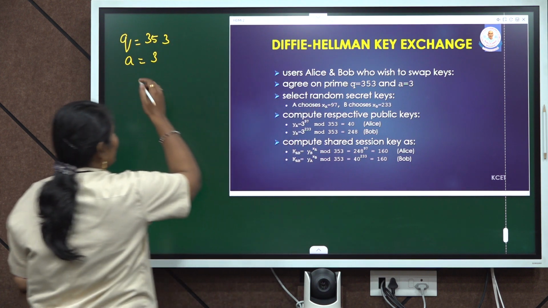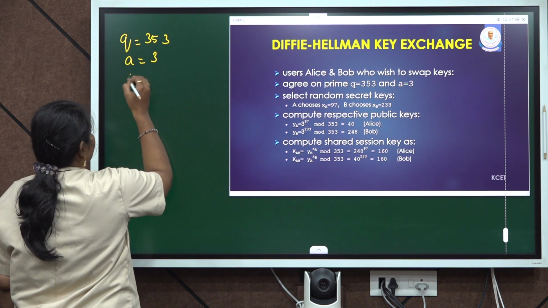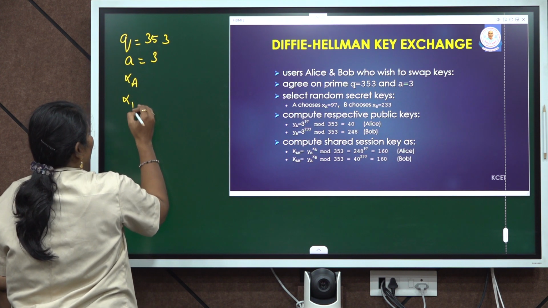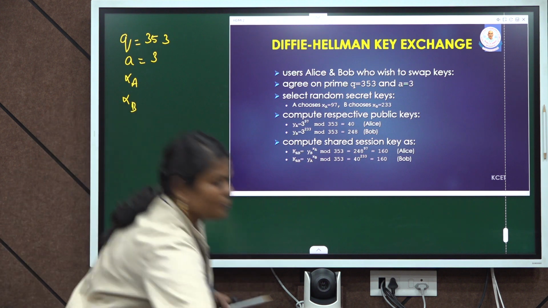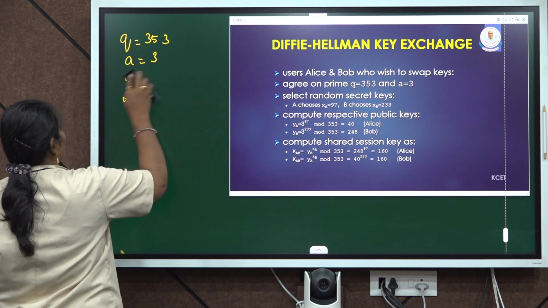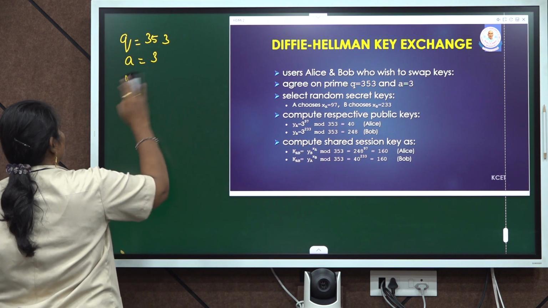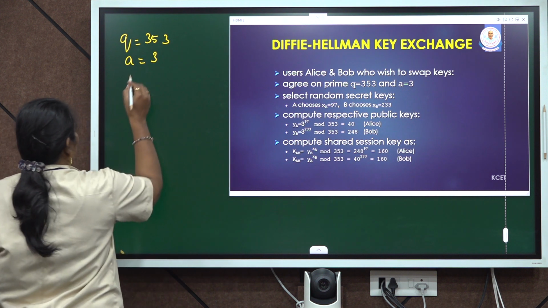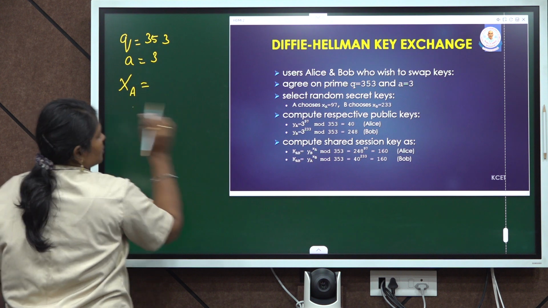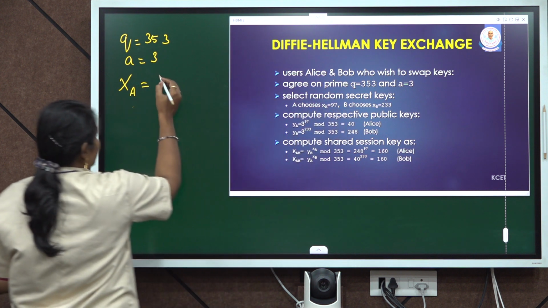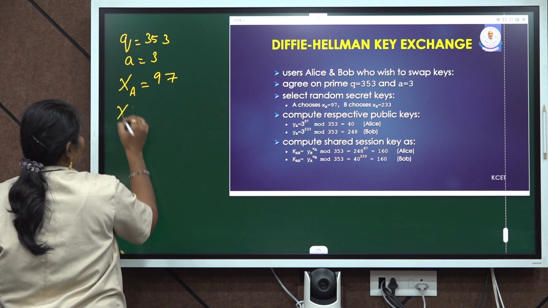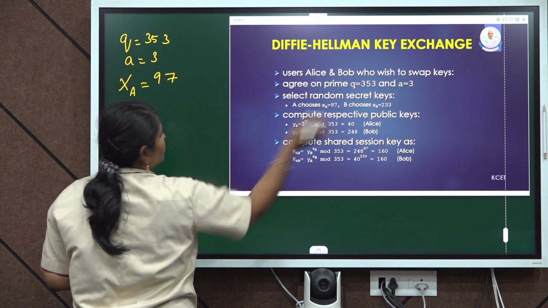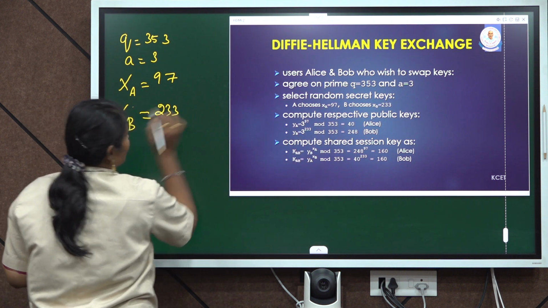They have also chosen their secret keys: XA is equal to 97 and XB is equal to 233.